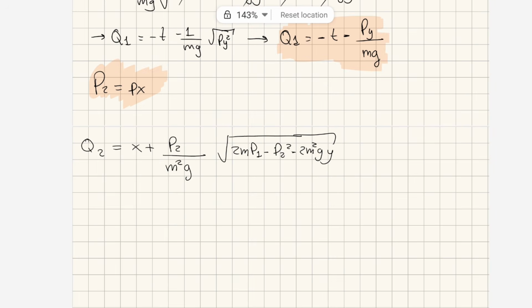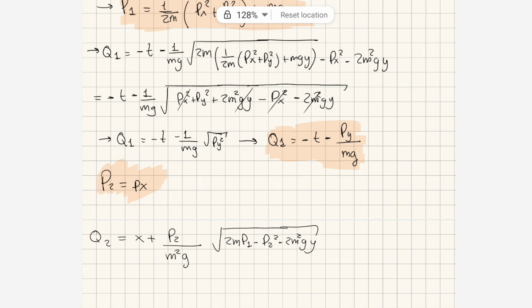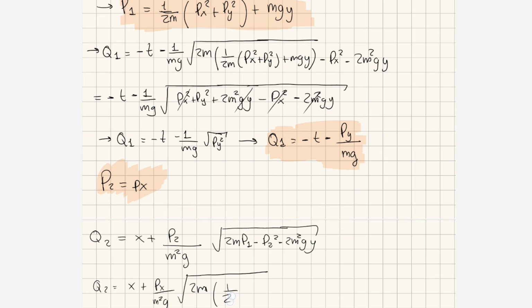If we substitute the values that we have found, we are going to get that q2 is equal to x plus p2, which is px, divided by m squared g times the square root of 2m p1, which is 1 divided by 2m times px squared plus py squared plus mgy, and then minus px squared, which is p2, minus 2m squared gy.